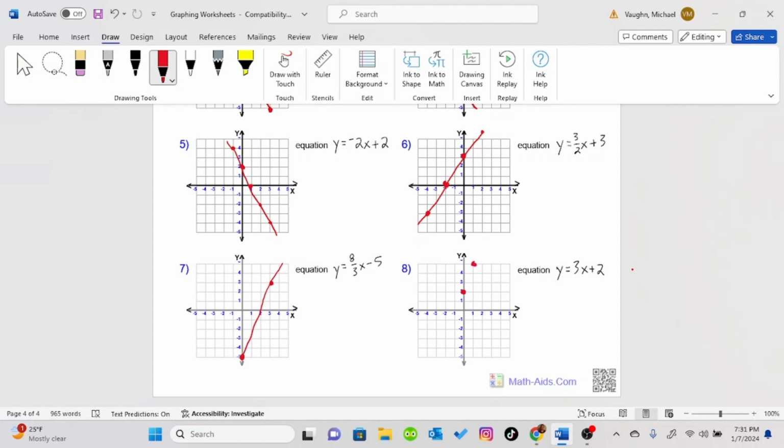We can also do the reverse to get points before the y-intercept. So instead of going up 3, right 1, we can go down 3, left 1. And again, down 3, left 1. Now we have 4 points. We can draw the line that goes through all of them. And we have the graph of our line.